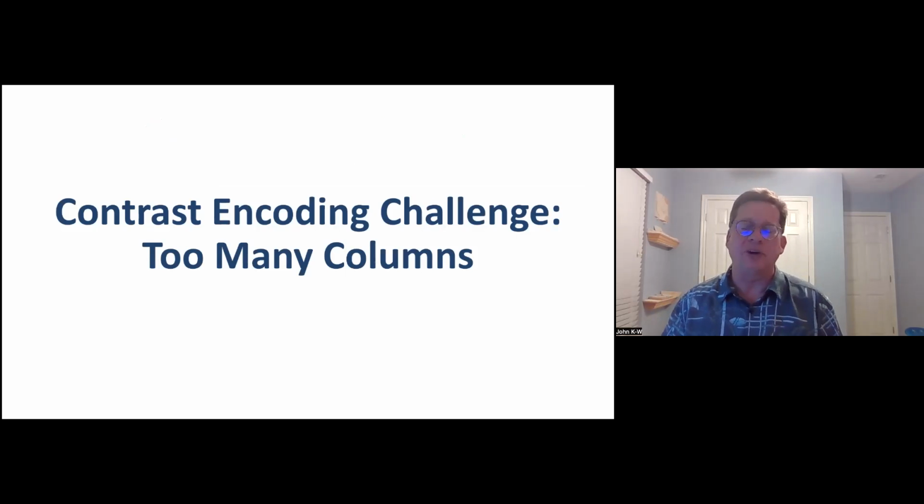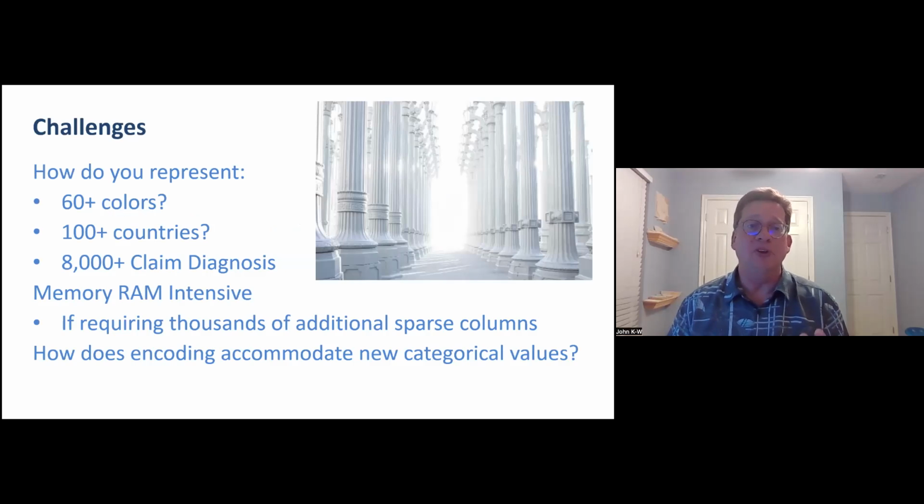Now, we talked about some of the positives for contrast encoding. The biggest negative for contrast encoding is that it can generate too many columns. So if we have lots of different countries or different colors that we're representing, if we were representing countries, we would be adding 100+ additional columns.